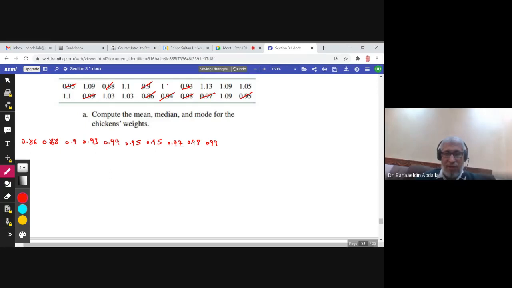Then I have 1.03 twice, and then 1.05, and there is 1.09 three times.